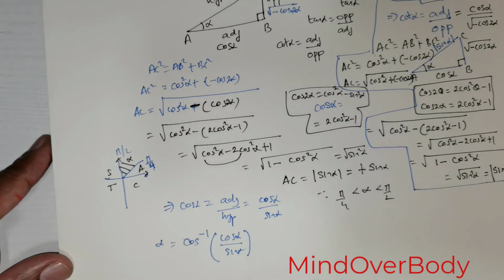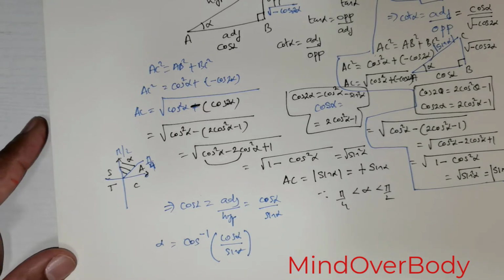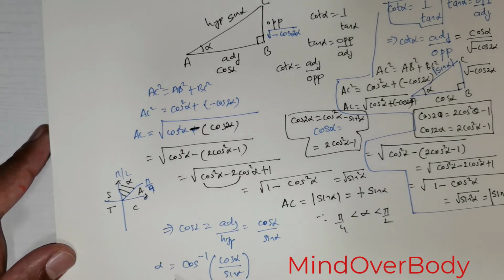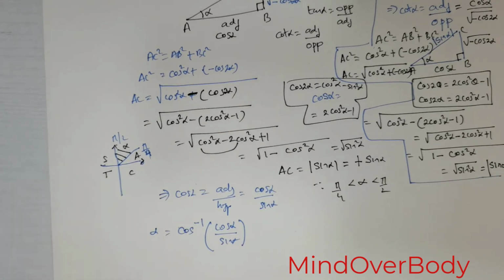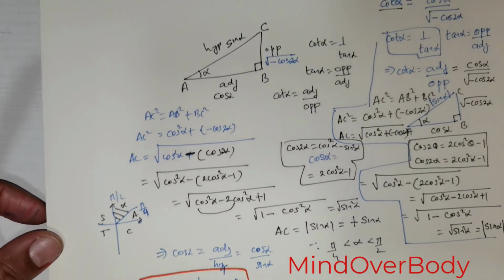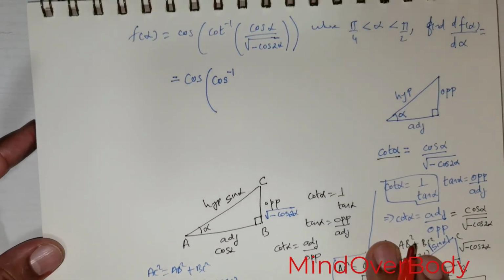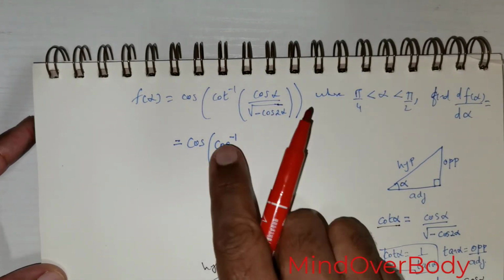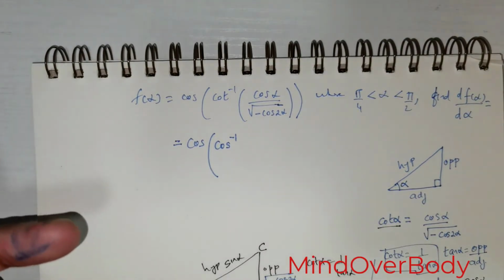So now what we're going to do is we are exactly going to take this representation. We're going to use this in the problem. So this is what is required, and from here I'm going to take that value and place it here. So what is it that we have just got?